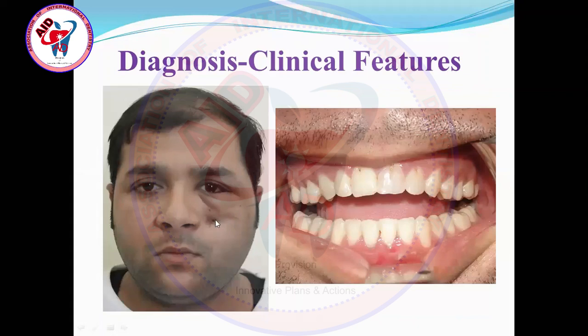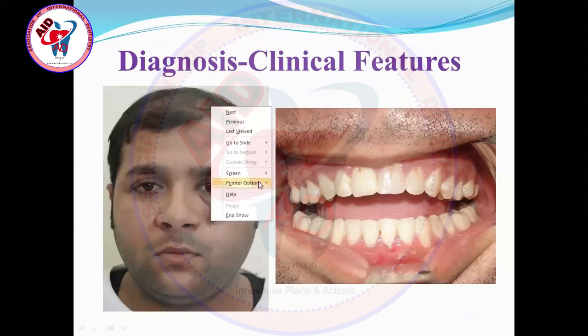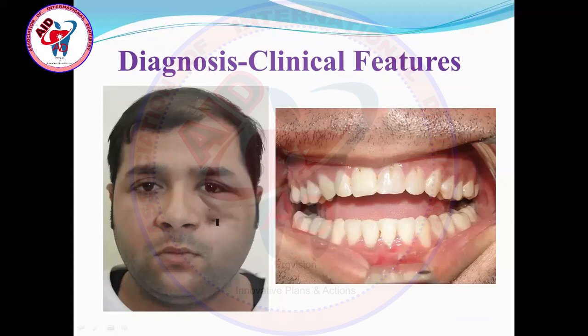This is a case of gunshot injury, and here is the entry wound. In the left zygomaticomaxillary complex region, just from the front, there is the entry wound of the bullet, or the shotgun pellets.